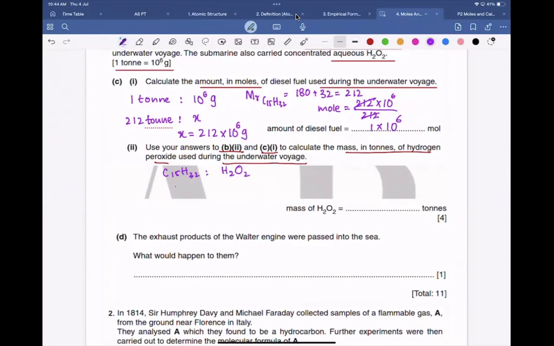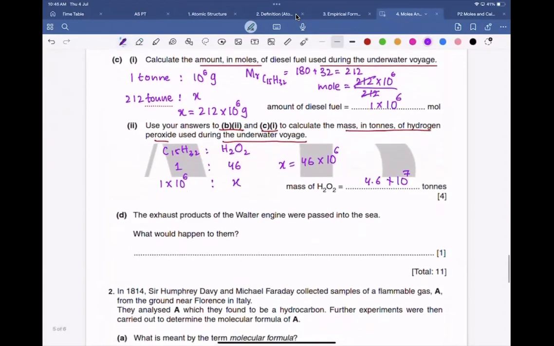For 1 mole of diesel, I need 46 moles of hydrogen peroxide. So if I have 1 exponent 6 moles of diesel, then X moles of H2O2 would be needed. And these X moles of H2O2 would be equal to 46 exponent 6 moles, isn't it? Or I can write 4.6 exponent 7 moles. Yeah, very good.